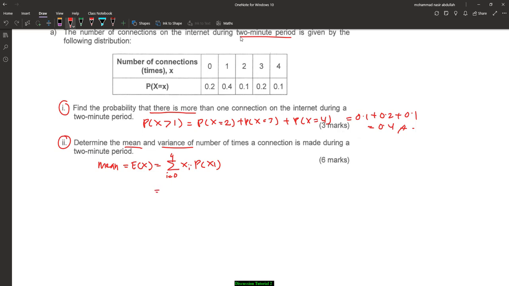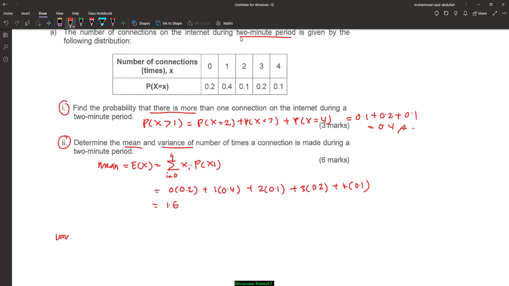So let's find the mean first, right? So this one should be 0 multiplied with 0.2 plus 1 multiplied with 0.4 plus 2 multiplied with 0.1 plus 3 multiplied with 0.2 plus 4 multiplied with 0.1. So this one should be equal to 1.6, right? You need to double check this one, right?